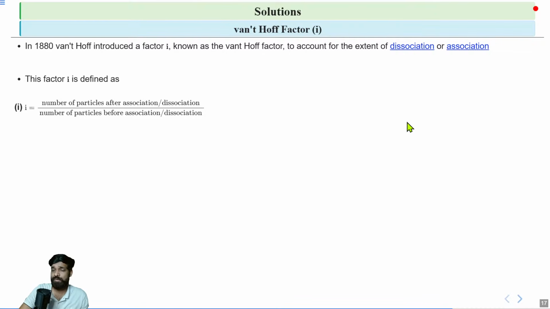It's a simple one, so I would expect you to answer it quickly. Remember, ionic compounds always dissociate to the maximum extent when dissolved in an aqueous solution. Anyone who is willing to answer this? So again, you have an ionic compound AB2 and you are dissolving it in water. Then you have to calculate the value of i for that AB2.